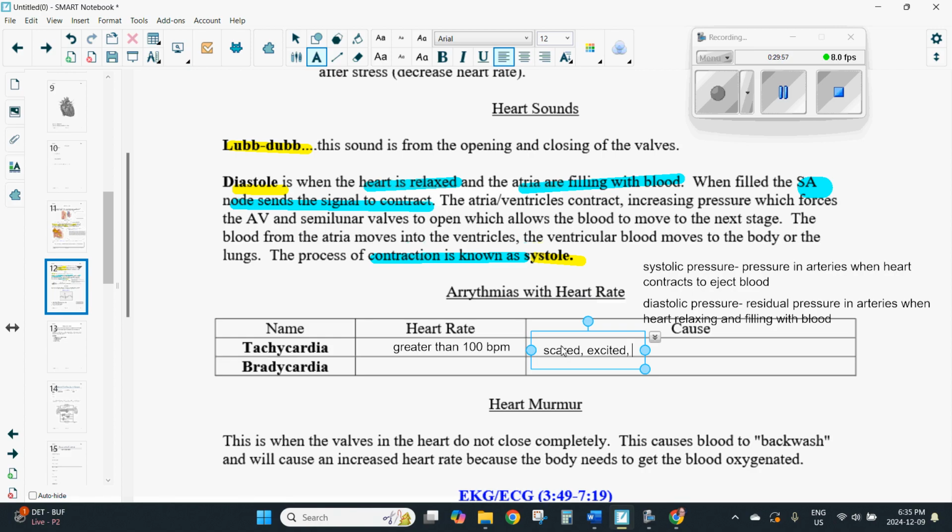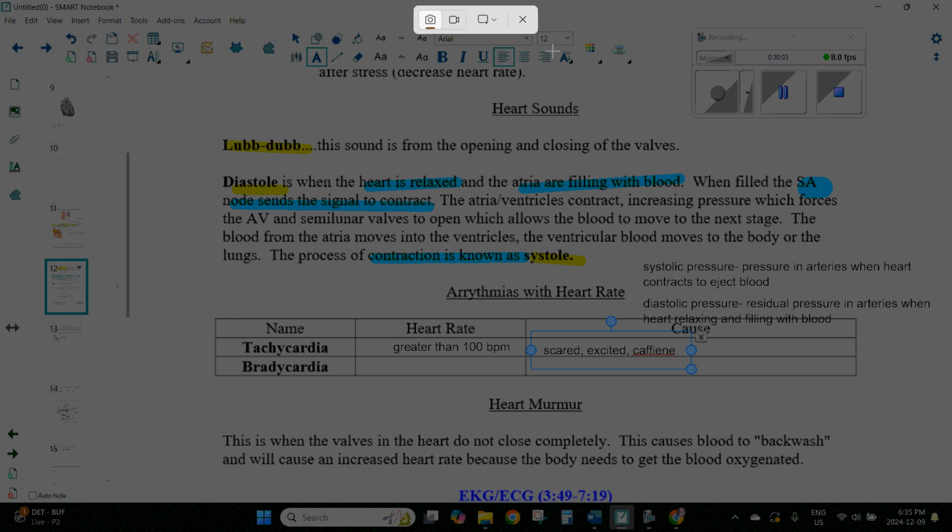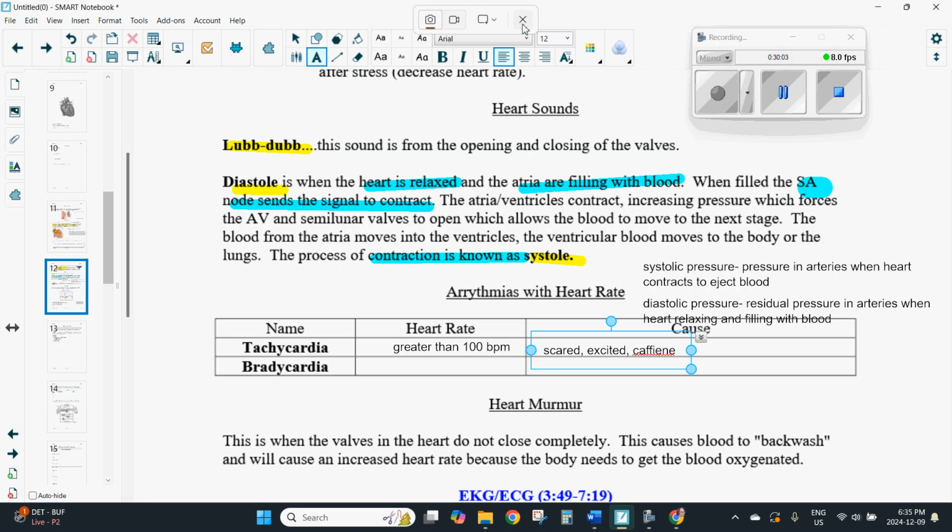What are some other external factors that may play a role in tachycardia? We do know that caffeine plays a role in heart rate. Excess caffeine is going to increase heart rate, so drinking too much caffeine or energy drinks could cause heart rate to be higher. Exercise also does it.